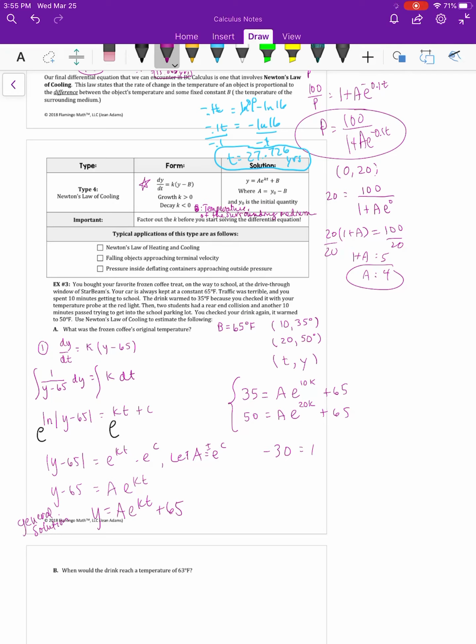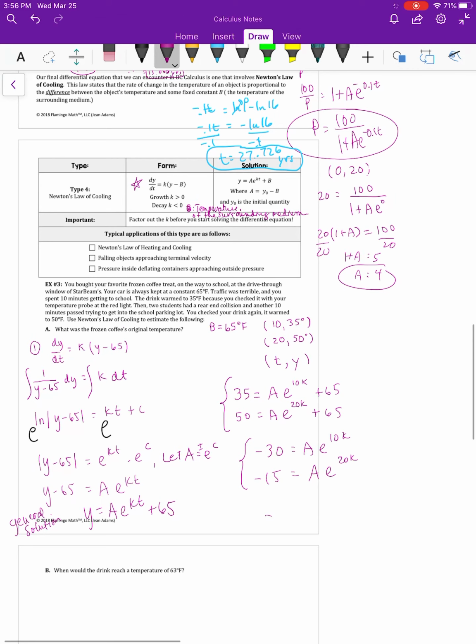One thing I did was I subtracted 65 from both sides of both of these equations before I did anything else, and I got negative 30 is equal to a times e to the 10k, and I got negative 15 is equal to a times e to the 20k. So there's my new equations. And then I solved them both for a.